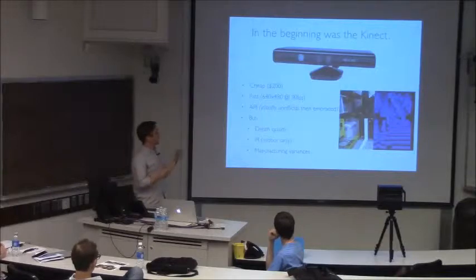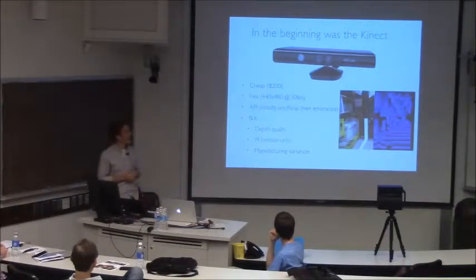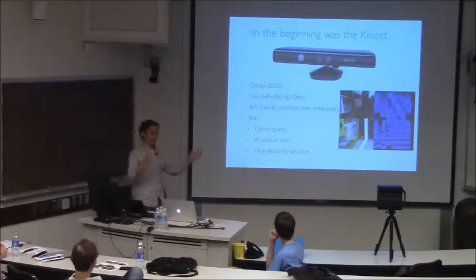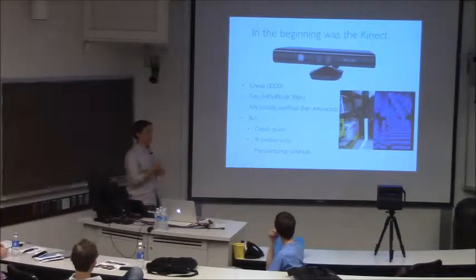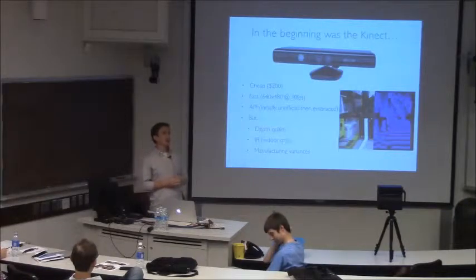But this is not professional grade. This is a consumer grade product. So this is not like the beautiful scans that you see from the Delta Sphere and stuff that has really high resolution laser things. This is structured light. The quality of the depth is quite poor. There's a lot of noise. Edges are blobby.